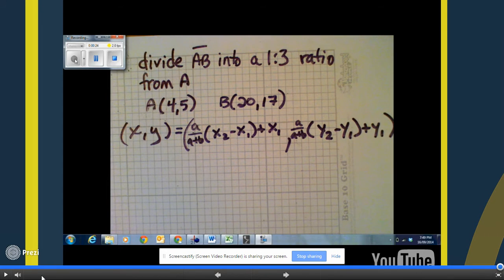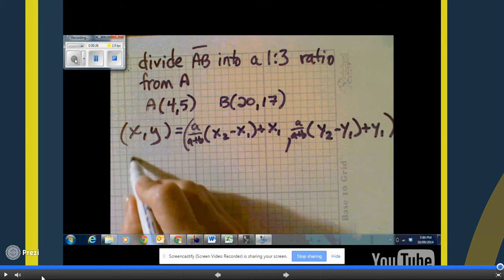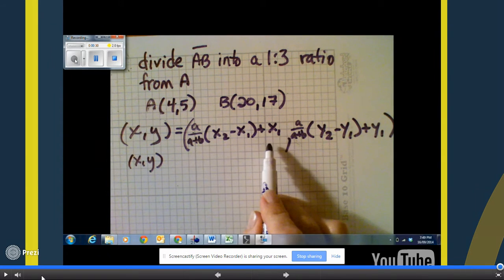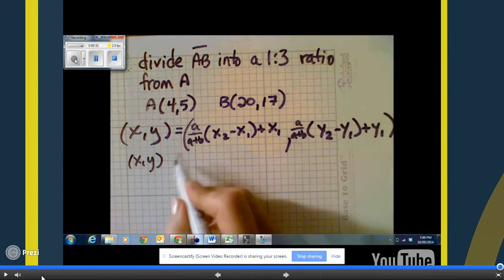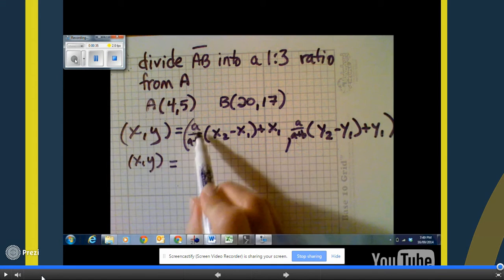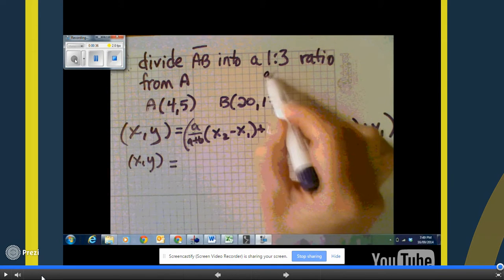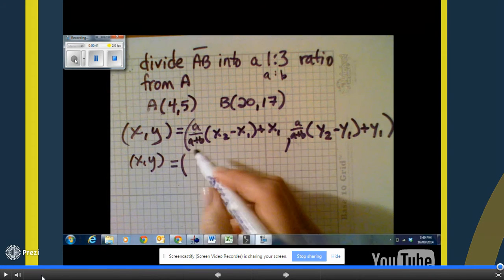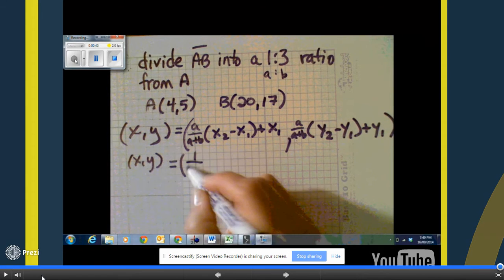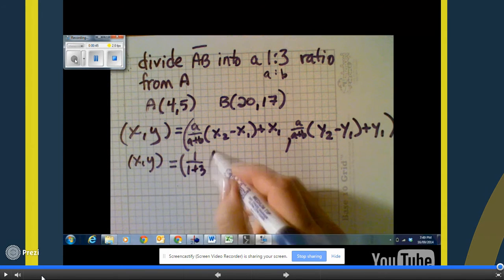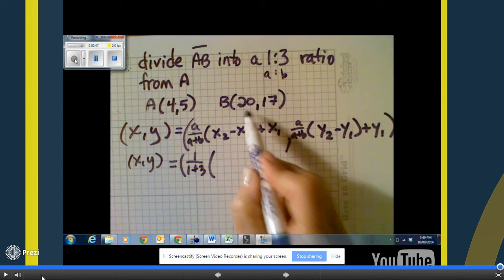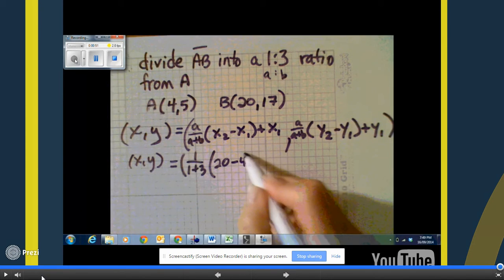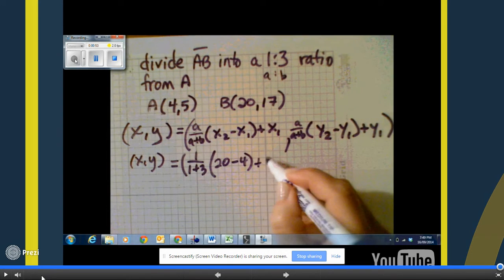Now let's apply it to this particular ratio. So we've got the x coordinate here and the y coordinate here. So in this case, a is 1 and b is 3. So let's copy this directly, and we'll get 1 over 1 plus 3, times x2, which is 20, minus x1, which is 4.